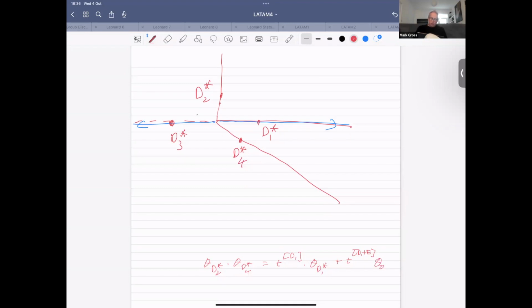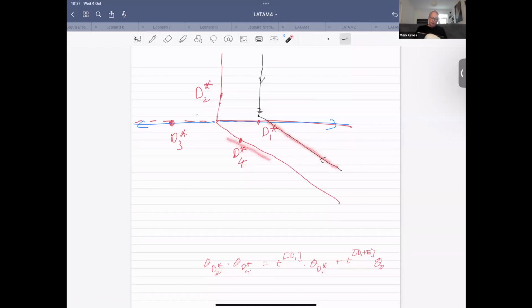For the theta D1 star, I take the point Z near D1 star. I have a broken line for D2, which is just the vertical line coming in. There's no chance for it to bend. I also have a broken line like this, which just comes in, again in the direction D4.